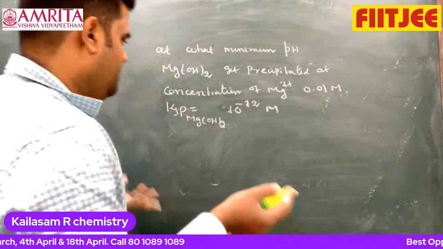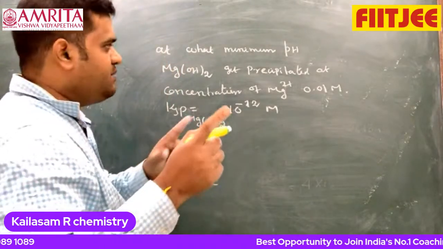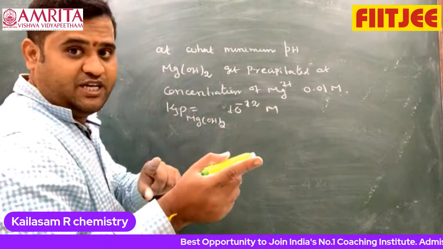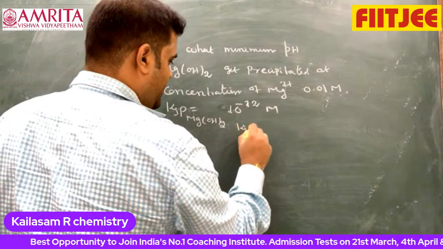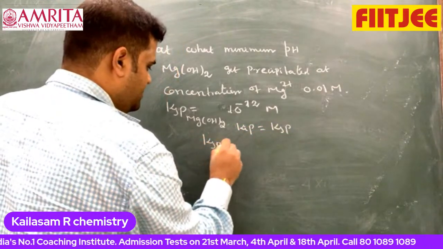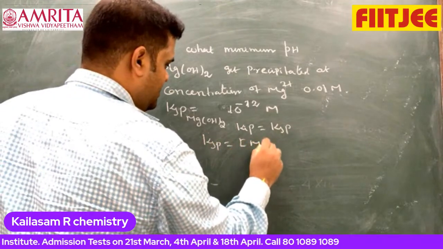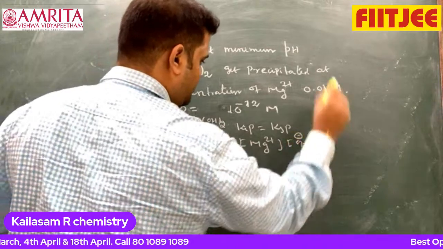So very simple. You can go with that. What is minimum? That means minimum pH to precipitate. Begin to precipitate means ionic product is equal to Ksp. So now I can write that Ksp is equal to Mg2+ into OH minus square.